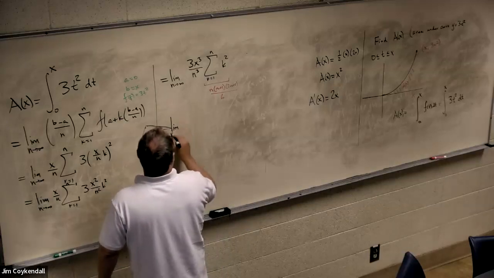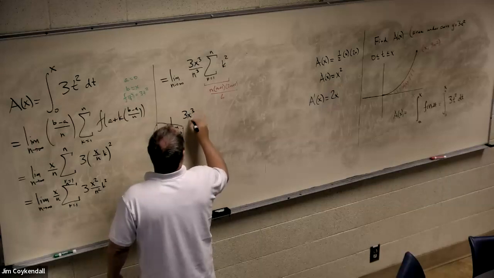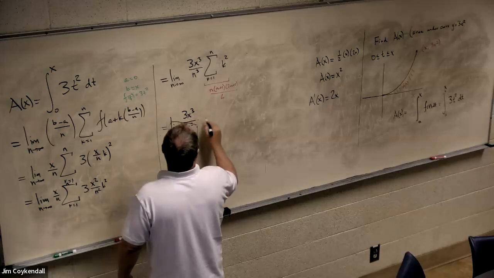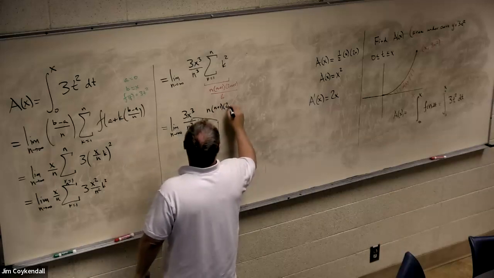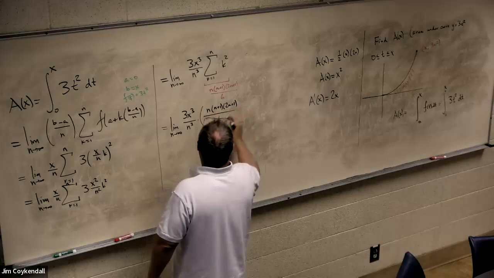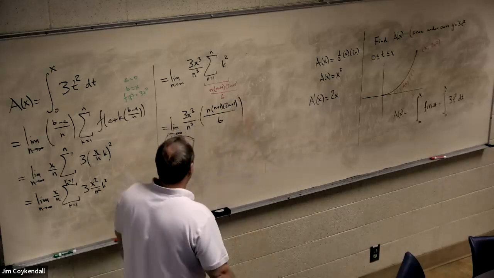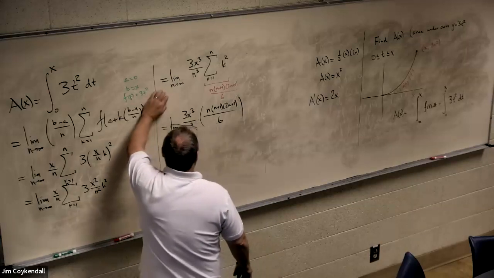Then, the limit as n goes to infinity of 3x cubed over n cubed times n, n plus 1, 2n plus 1 over 6. Yes, that's 6 here.